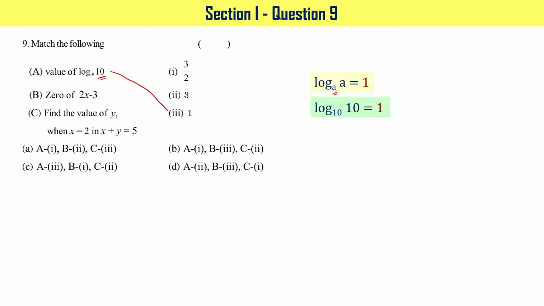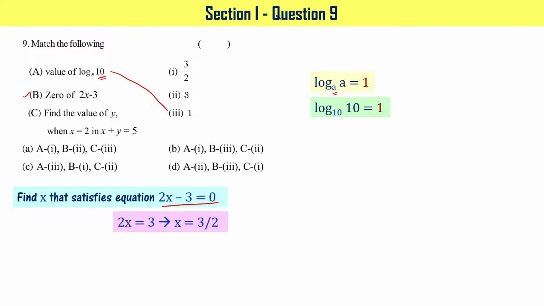The next thing we have to find is the zero of 2x minus 3, right? For that, we have to find the value of x that satisfies the equation 2x minus 3 equal to 0. That can be written as 2x equal to 3. It means x equal to 3 by 2. Let's match that.